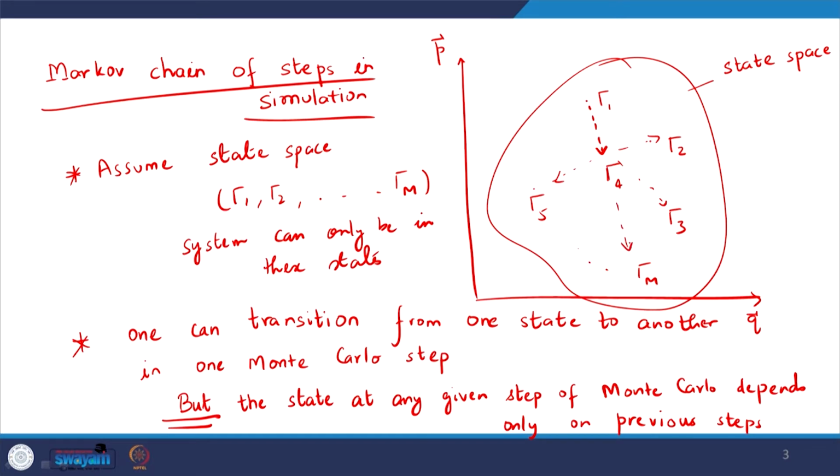So, let us say in the second step, I get to gamma 3. If I am at gamma 3 now, I can say with certainty that I came from gamma 4, but I cannot say what happened prior to that. So, the memory of the system is only of the previous step. At any given time, the state is determined only by where I was last.